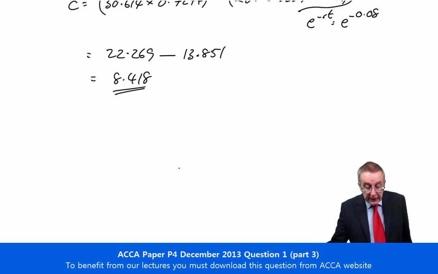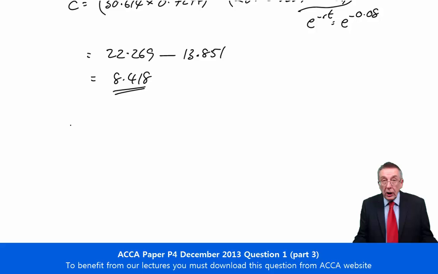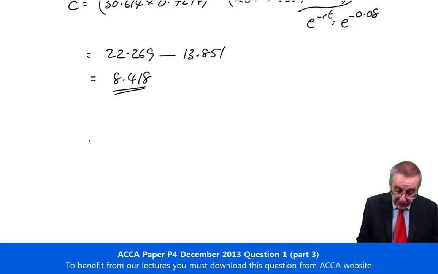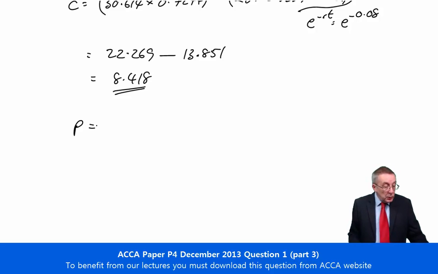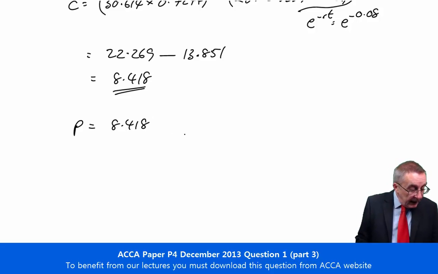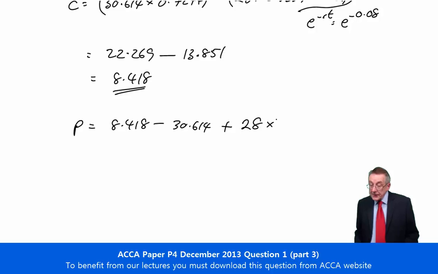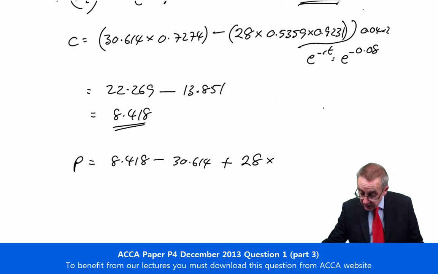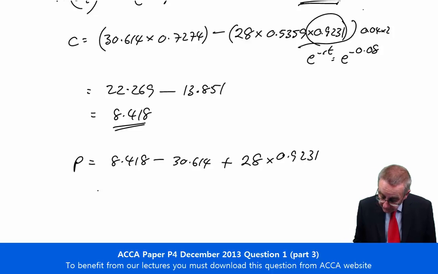Finally, having got a value for C, that's the value of a call option, we want the value of a put option, so it's the final formula: P equals C, which I've just calculated, minus PA, which was 30.614, plus PE, 28, times e to the minus RT. When I worked that out a moment ago, it was 0.9231.